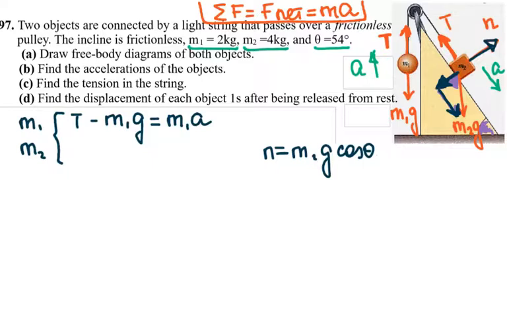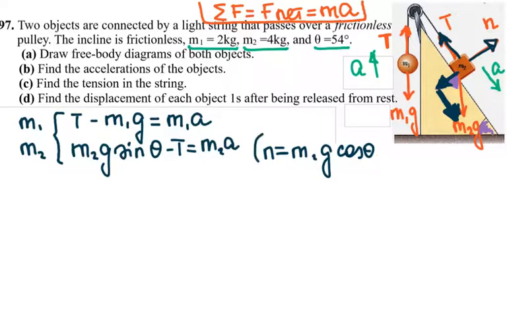And then for the horizontal forces, I have one that is aligned with the x-axis, with the acceleration, so that is m2g sine, and the other one is the tension force. So the tension force is negative, so I'm going to write the first one m2g sine theta minus the tension force is equal to m2a.